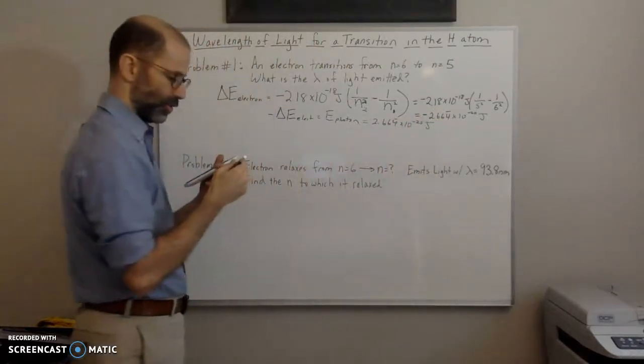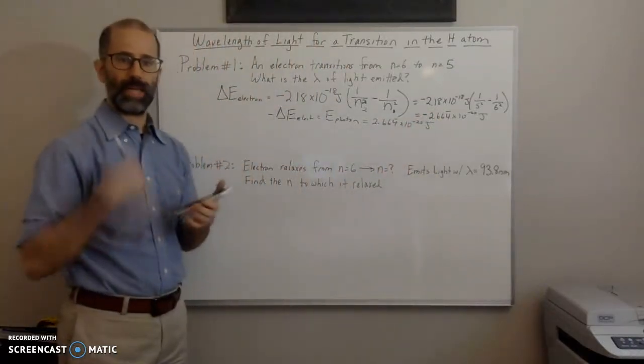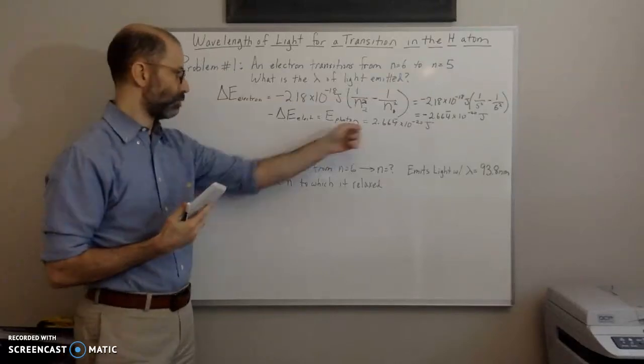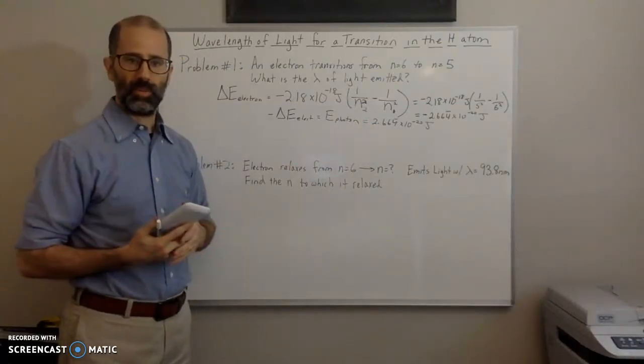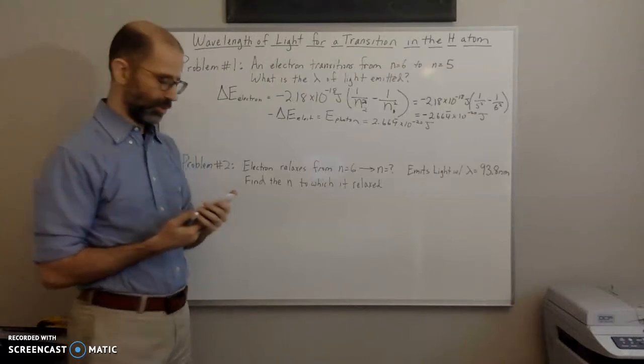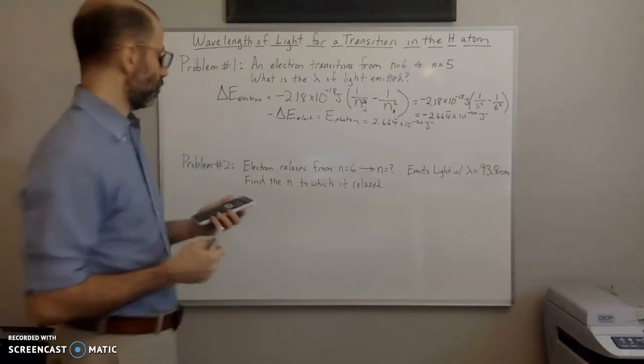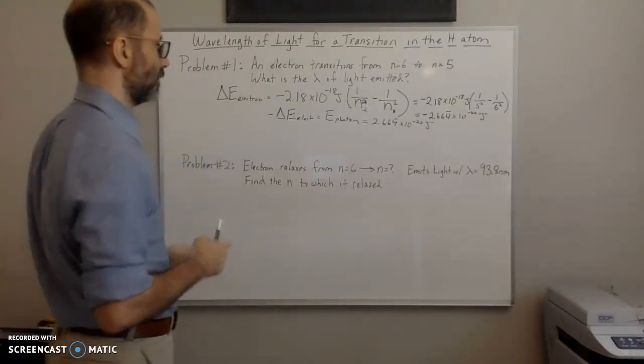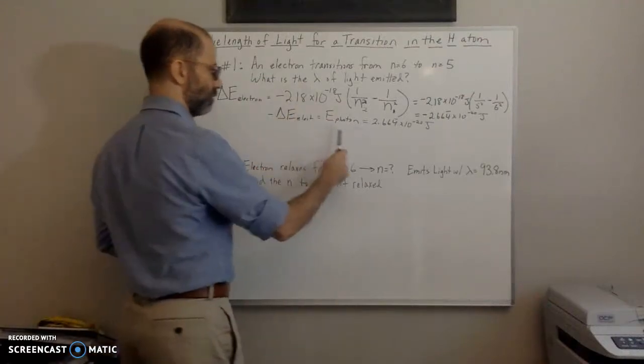That's the energy of the photon emitted, and notice it's positive because photons don't have negative energy. They can only have positive energy. Now, what the problem is asking for is the wavelength of this light emitted.